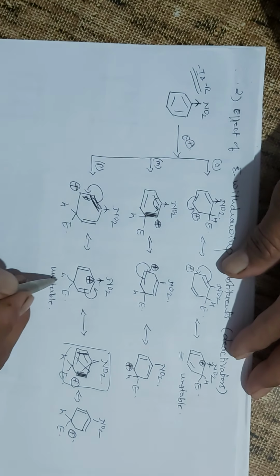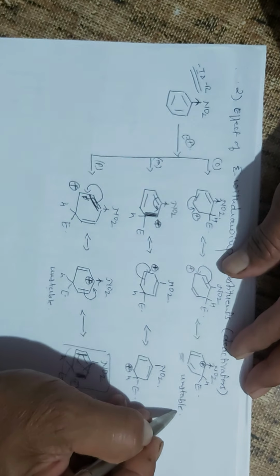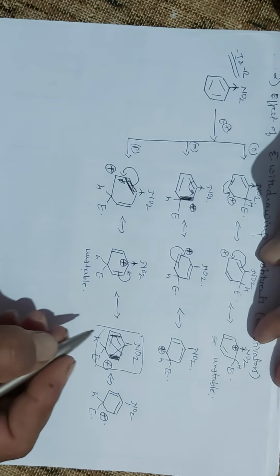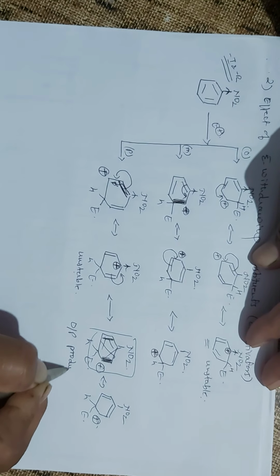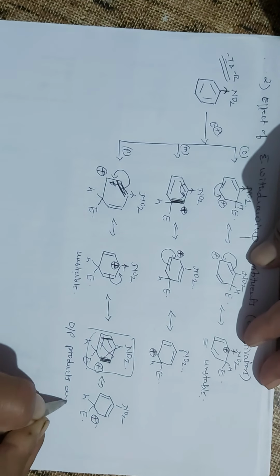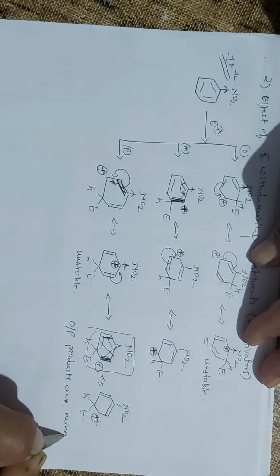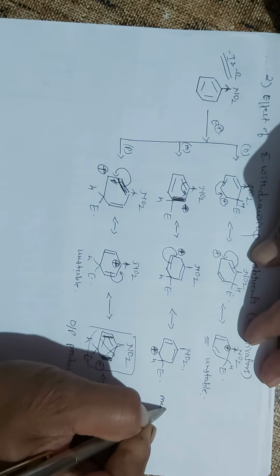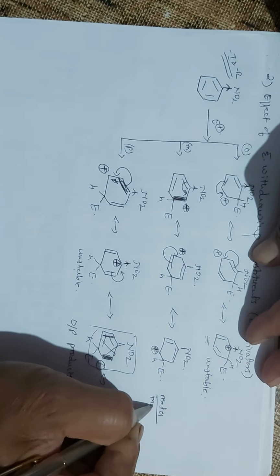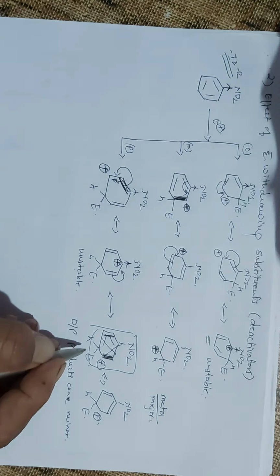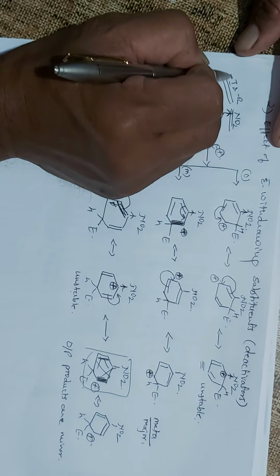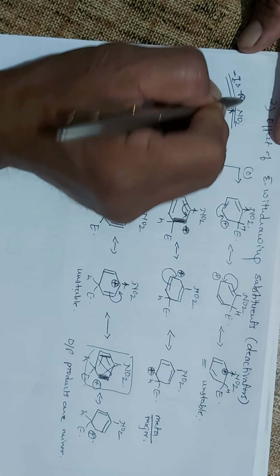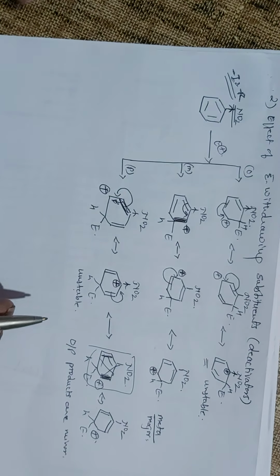So this is the most unstable structure, and that's why the ortho and para products are minor, and meta is obtained as the major product when the substituent present has a strong minus I and minus R effect, that is, the deactivating effect.